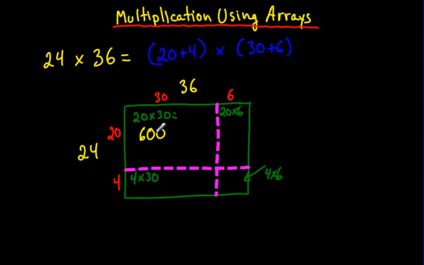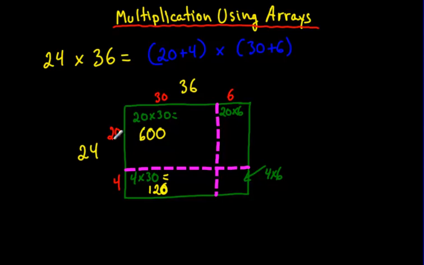All right? And I could count that up. I could add 30 20 times, or I could add 20 30 times. 4 times 30, well, 4 times 3 is 12. And if I go 10 times more than 12, that is 120.